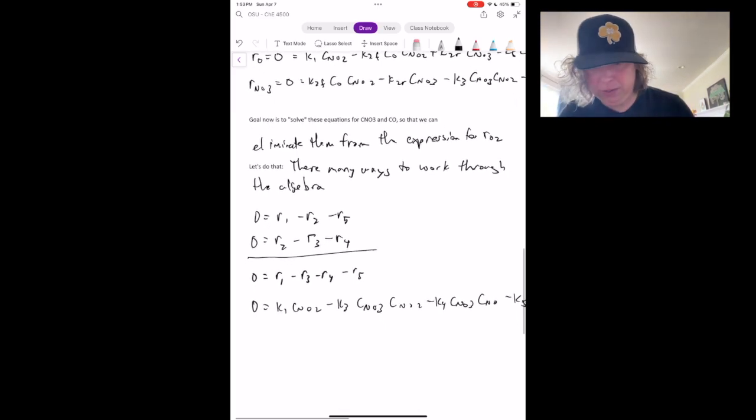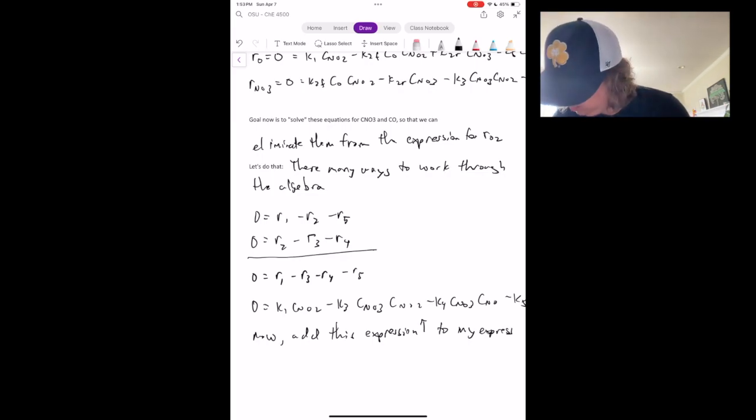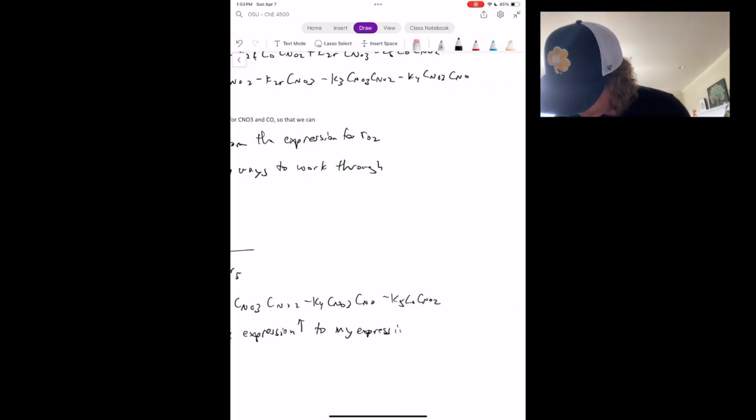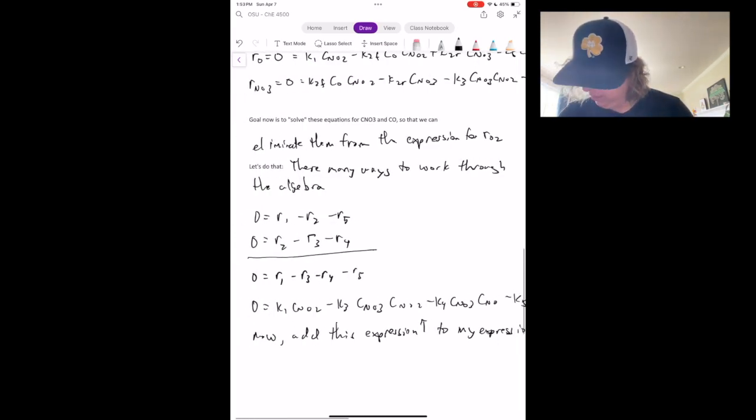Now what I'm going to do is add this expression that results to my expression for RO2. The reason I'm going to do that is because then I get rid of these two. So I'm eliminating.